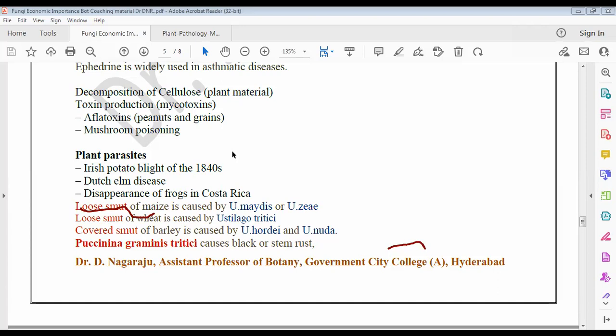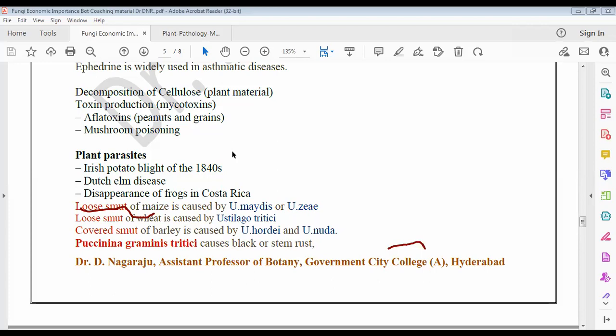Don't forget these four largest famines: Ireland famine, French famine, Bengal famine, Sri Lanka famine. So many other famines are also there in banana and citrus, but these four are very, very important.